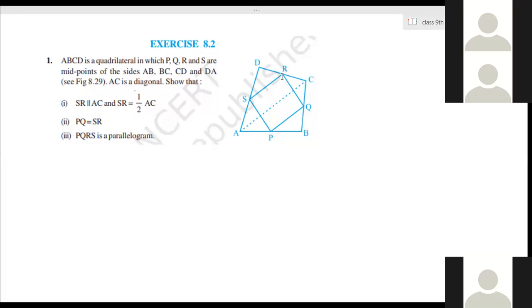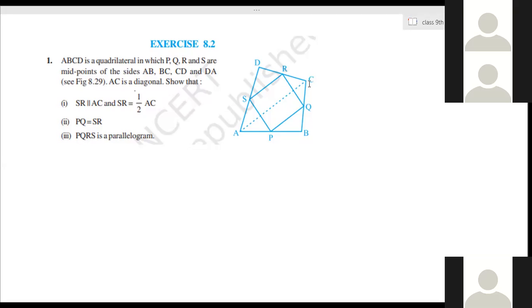A line RS is drawn intersecting one side at its midpoint, parallel to the second side, then it bisects the third side. If we know only that S is the midpoint of AD and SR is parallel to AC, then definitely we can say that R is the midpoint of CD. Clear? Yes, ma'am.